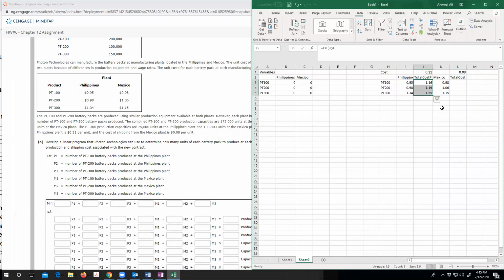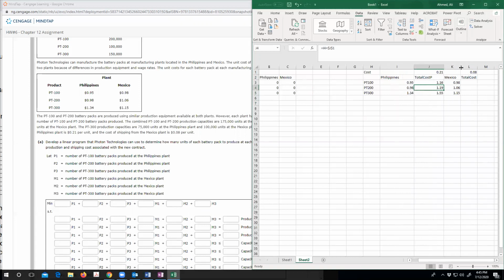And I can drag this. Got my point or not? What I'm trying to do here is, I have put the actual cost for Philippines and the cost for Mexico for each unit, but there's a shipping cost for each unit. The shipping cost is 21 cents, so we have to add this to this part.